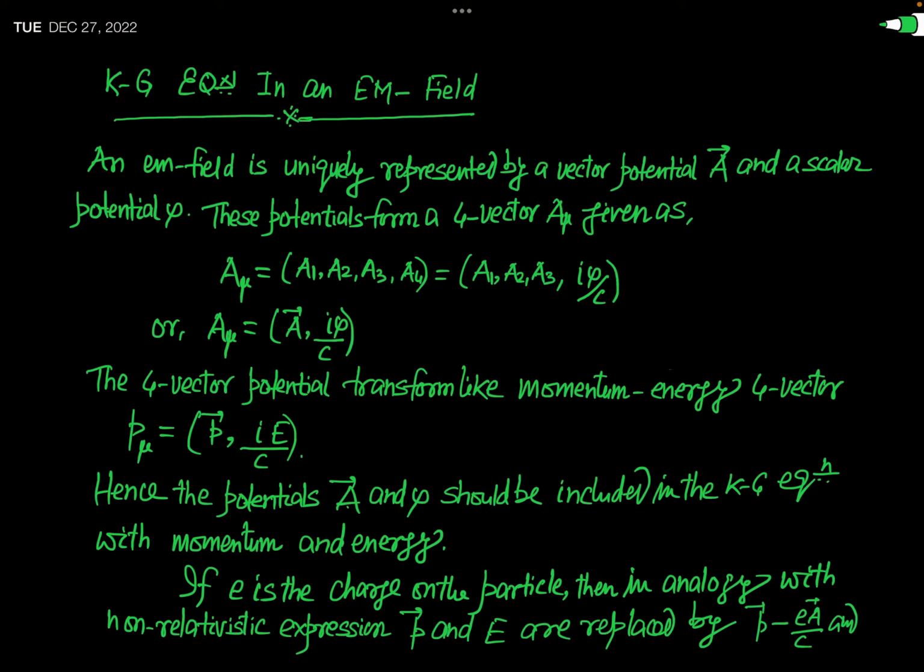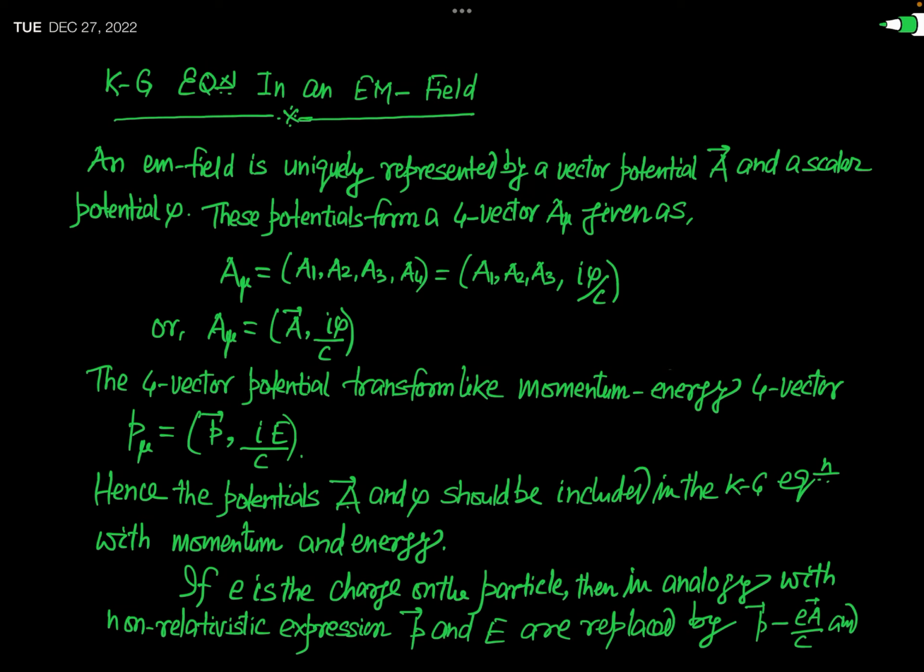Now you know that any electromagnetic field is described by two potentials, which are called electrodynamic potentials. In fact, you can see my video in the playlist of electromagnetic theory, or you can say the classical electrodynamics playlist, where you will find a detailed discussion on the electrodynamic potentials.